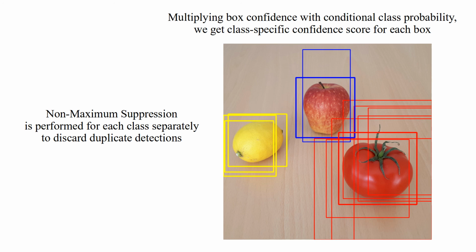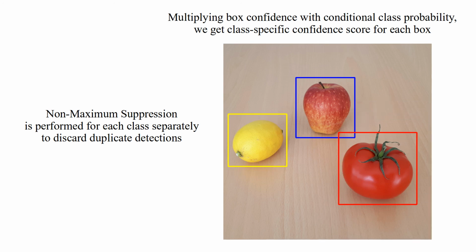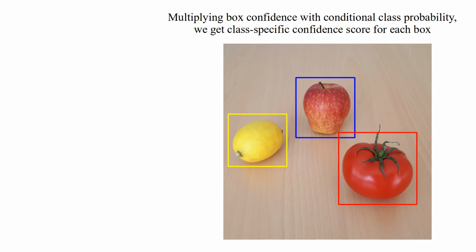An object may be detected by more than one cell. Non-maximum suppression is performed for each class separately to discard duplicate detections. And class labels are printed.